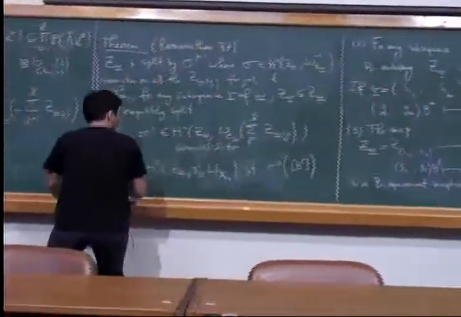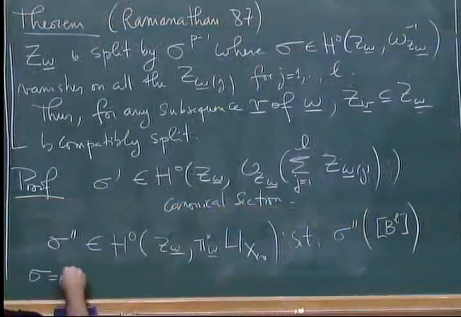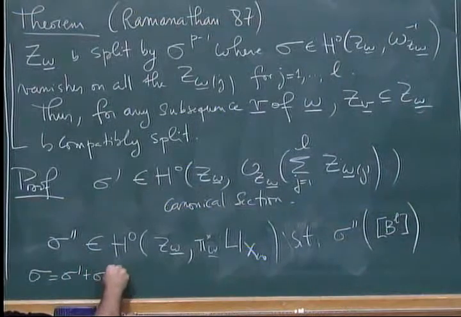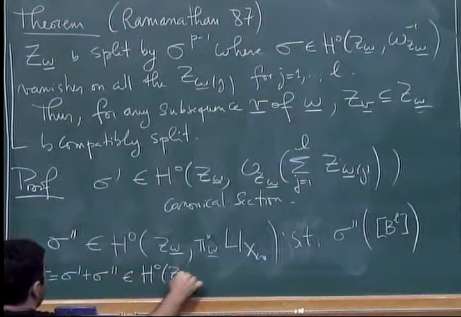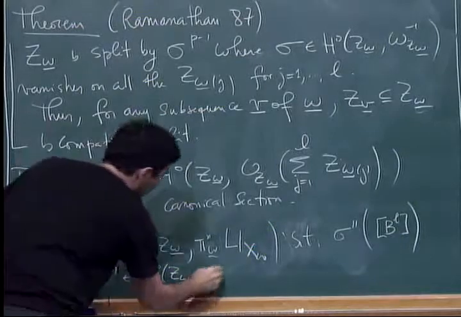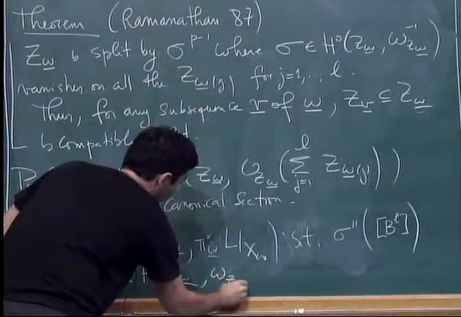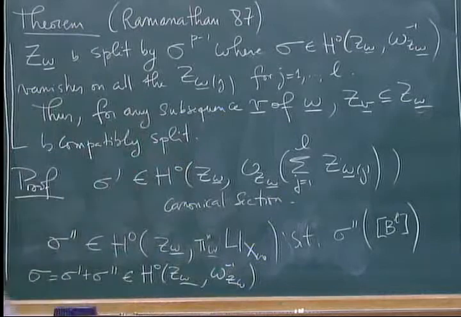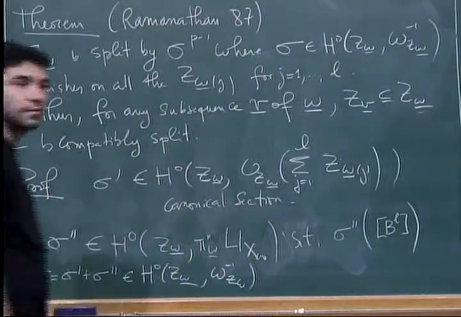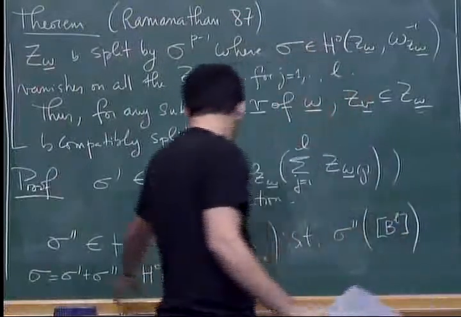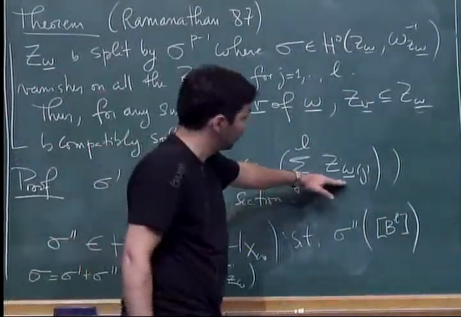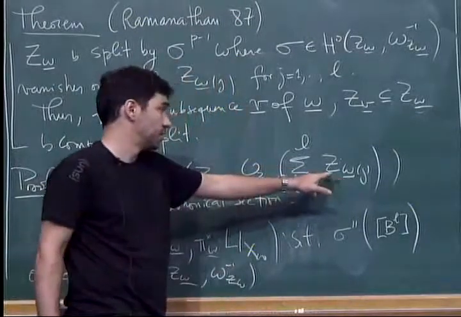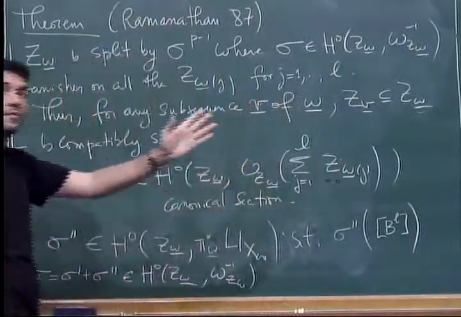Then you consider the sum of sigma prime plus sigma double prime in the anti-canonical class of Z omega, and you apply the theorem we saw yesterday. The zero locus of this section is exactly the sum of the Z omega j plus something.